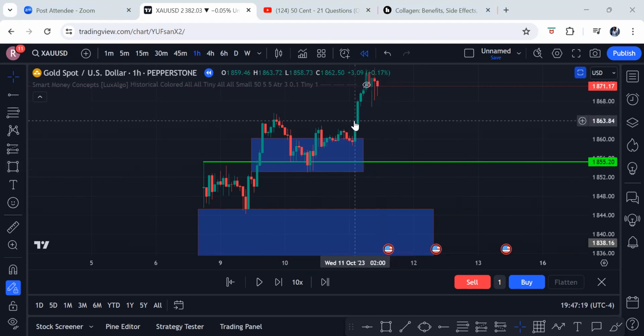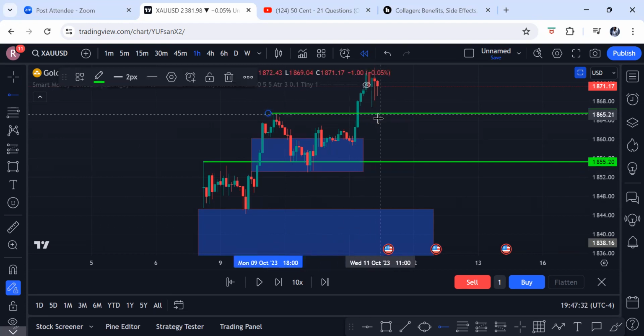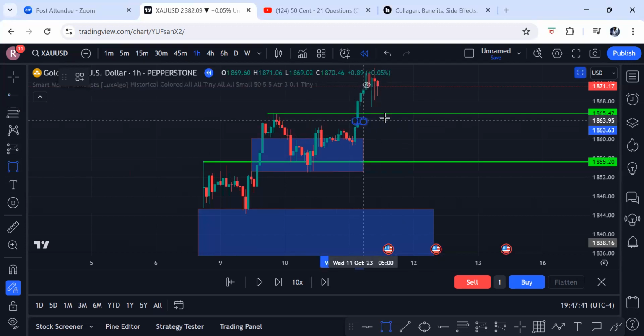So let's look at it again. So again, we brought structure here. So literally we would have got 2 entries in the market. Bam, 1, bam, 2. That's number 2. We brought structure at this point. Boom. And we got imbalance left in the market. Great. So we look at it here. Boom.